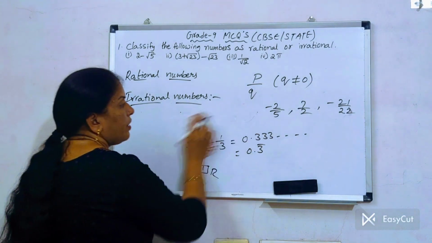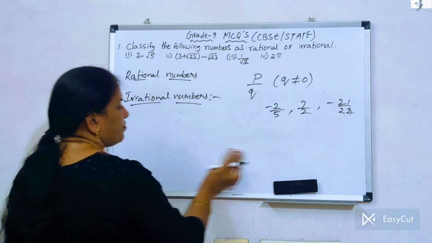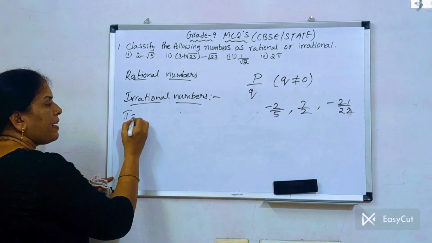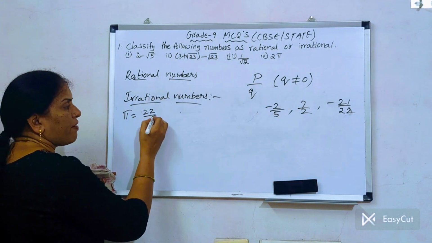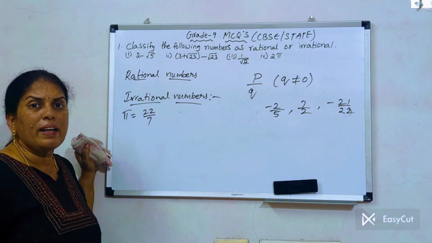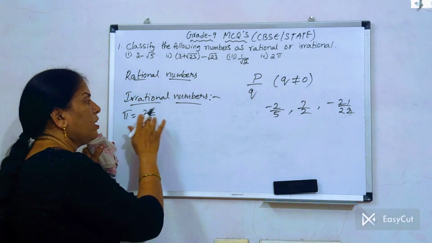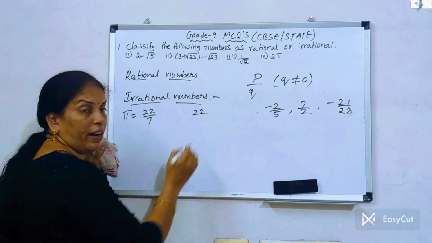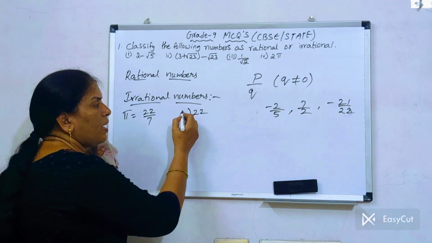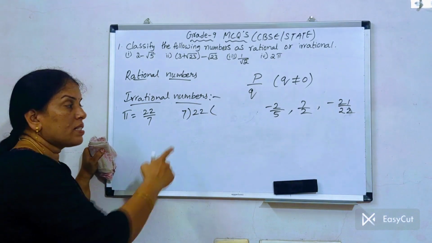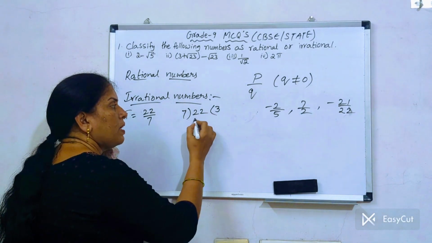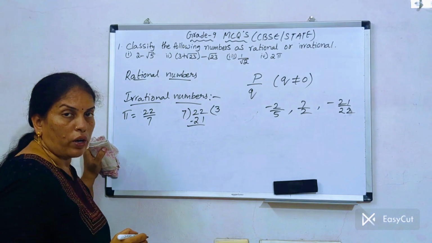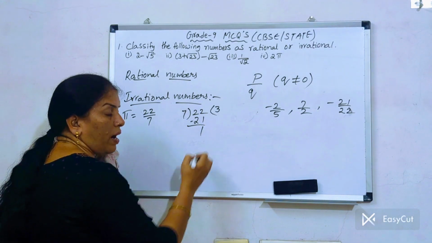Now I will take the pi value. Pi is equal to, what is the value of pi? 22 by 7. I am dividing. Numerator is the dividend, denominator is the divisor. 7 table 22, how many times does it divide? 7 threes are 21. 2 minus 1 is 1.